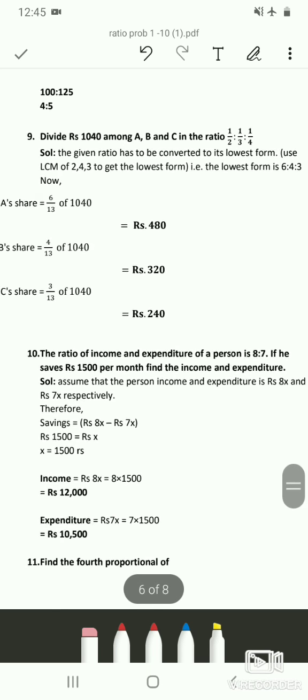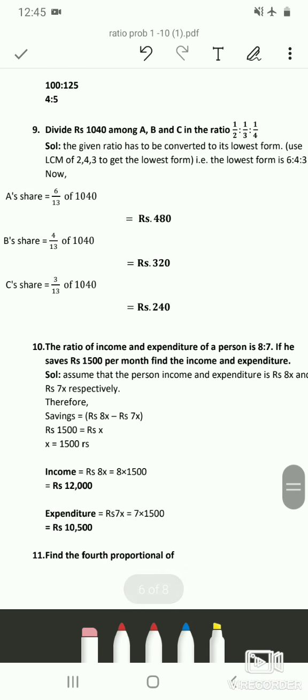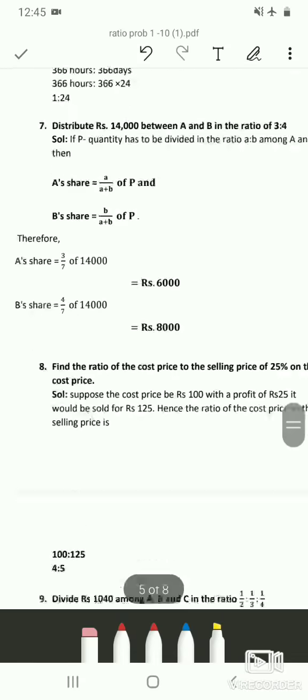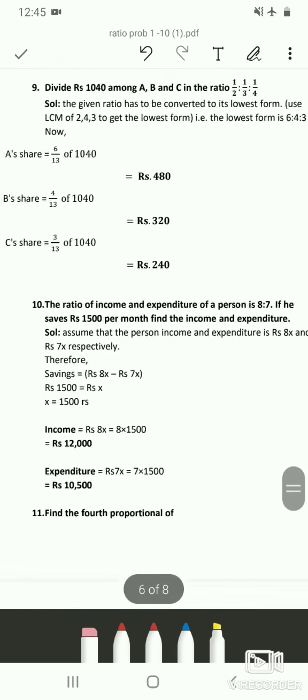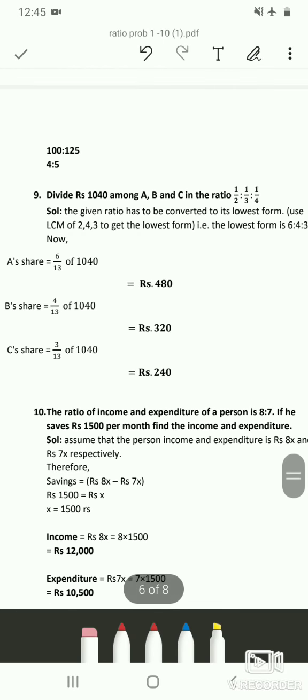The 9th question is, divide rupees 1040 among A, B and C in the ratio 1/2:1/3:1/4. This is like the previous problem, that is the 7th problem. Given a quantity, you have to divide among persons.